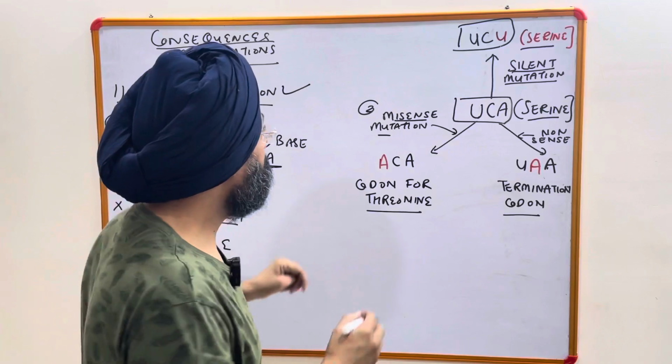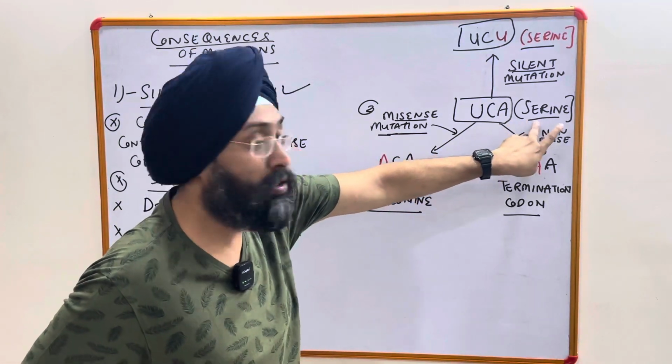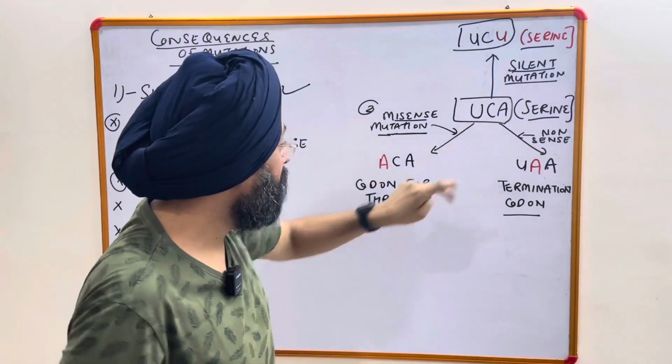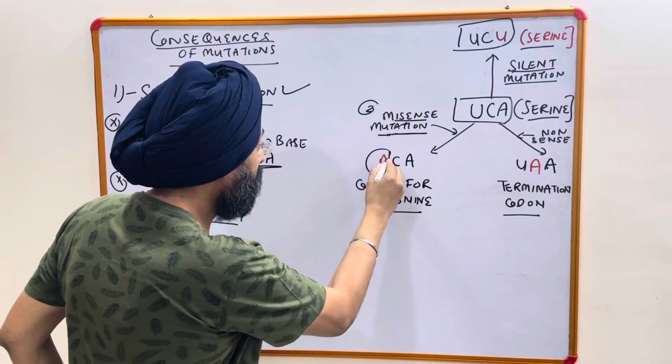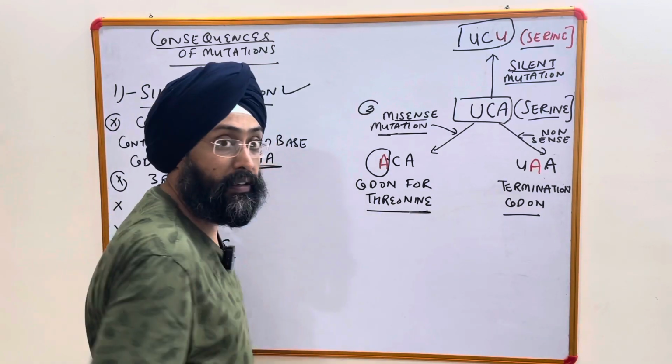Now in the second case, that is missense mutation, you have UCA here, that codes for serine, and in this case U is replaced with A, right? And ACA codes for the amino acid threonine, right?